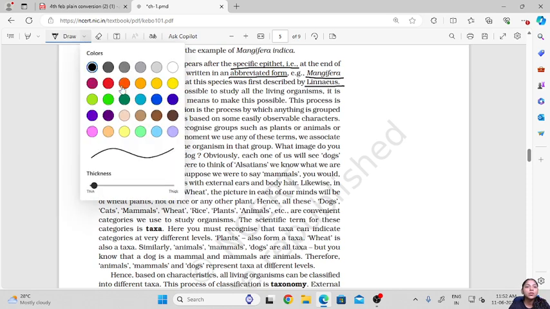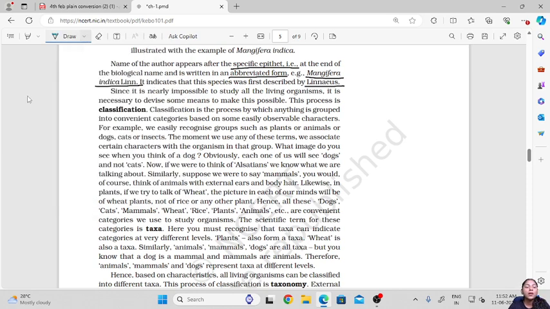Then let us see what we mean by classification of organisms. Since it is nearly impossible to study all the living organisms that are present on earth, it is necessary that we divide these organisms into certain convenient groups. This process is called classification.